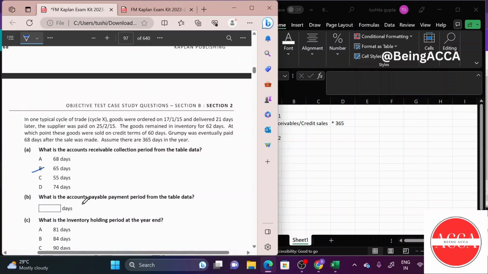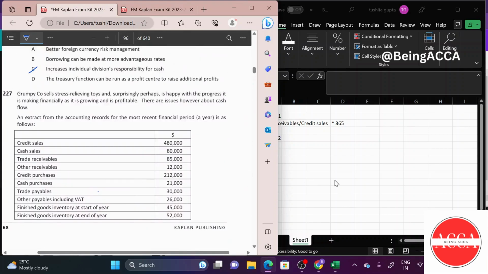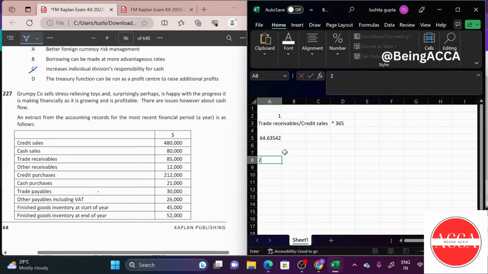What is the accounts payable payment period from the table data? Now the formula for the payable period is trade payables divided by credit purchases, multiplied by 365 to find the number of days.